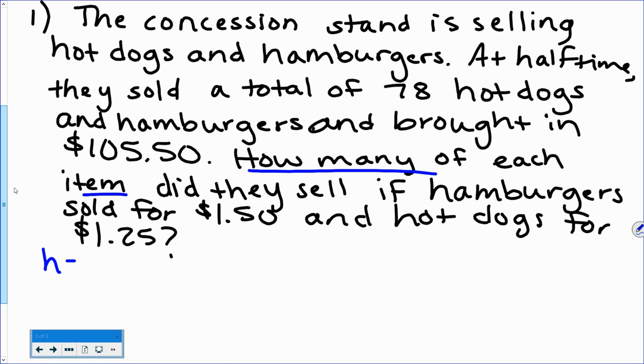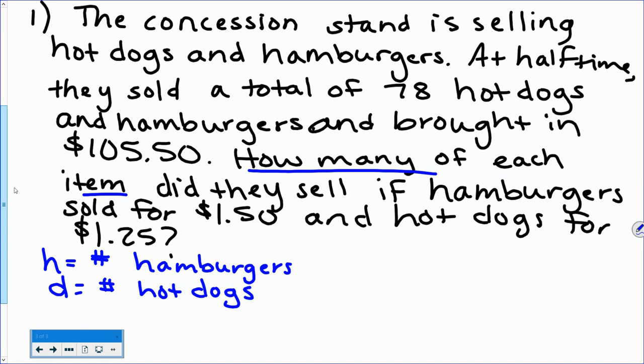We could use H, but what would H represent? Hamburgers. So I'm going to be specific and say the number of hamburgers and not a hashtag hamburgers, the number of hamburgers. But then what would I use to represent hot dogs? That sounds good. D for the number of hot dogs.